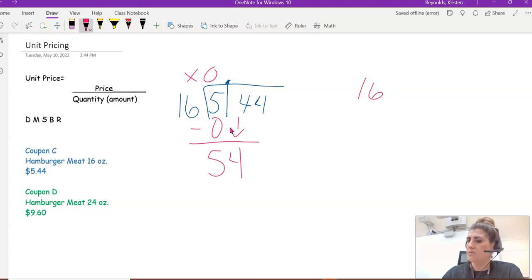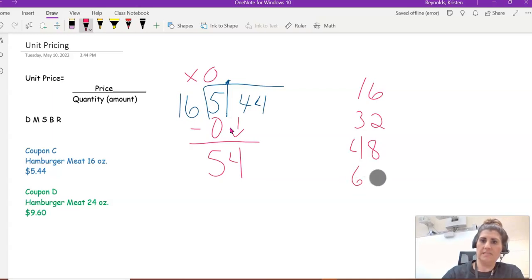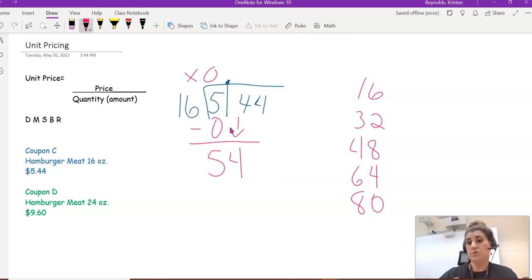And then 16 times 2 is 32. 16 times 3 is 48. 16 times 4 is 64. And 16 times 5 is 80. And I'm going to stop about there. So now I have some numbers to work with.